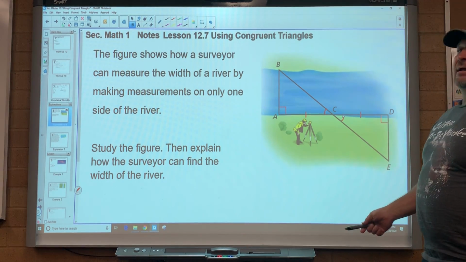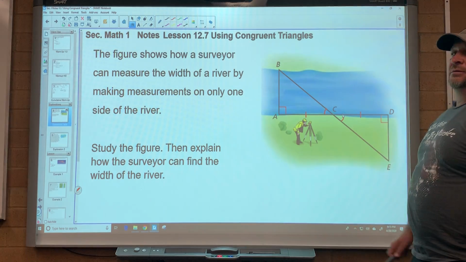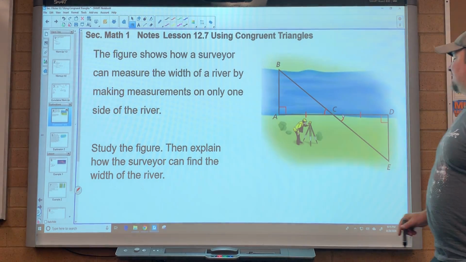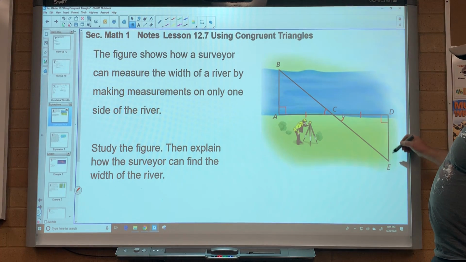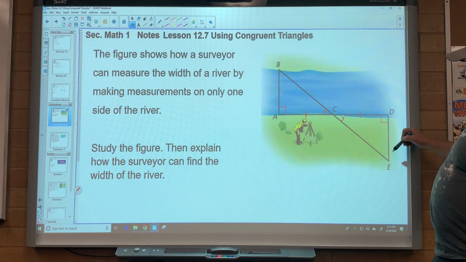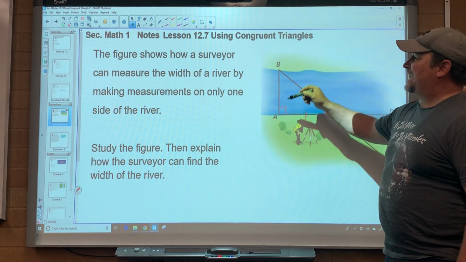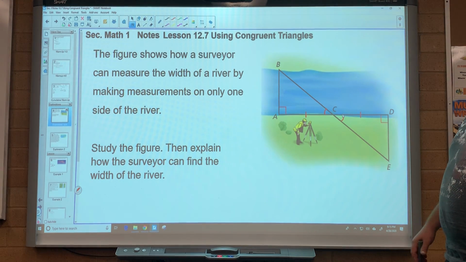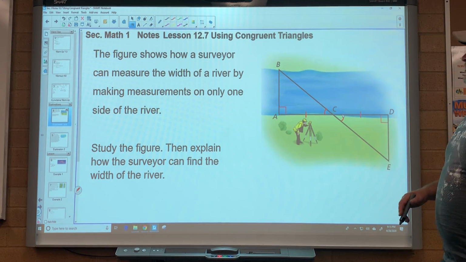So by angle, side, angle, he knew the distance of D to E. So he could actually measure this. And the measurement from D to E would be the same distance as A to B. And that's how he would know the distance across the river without actually measuring across the river.